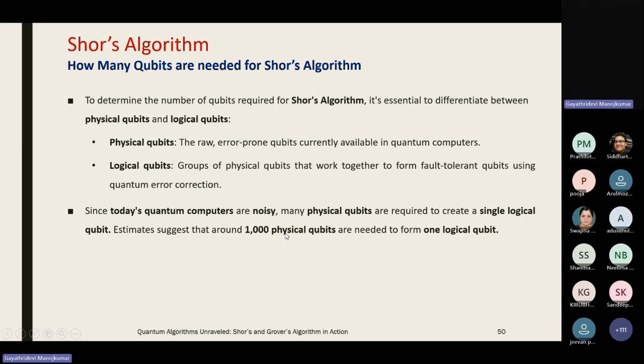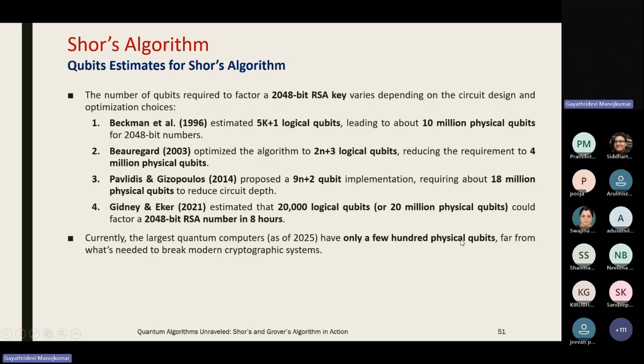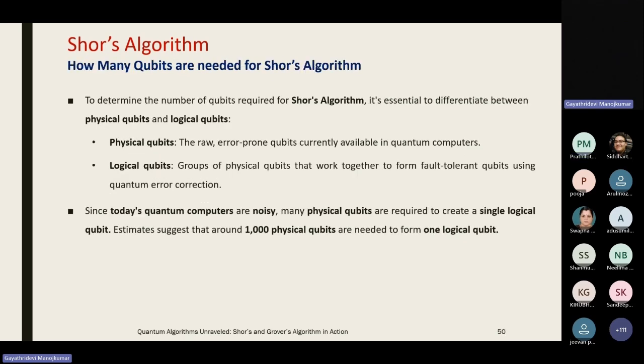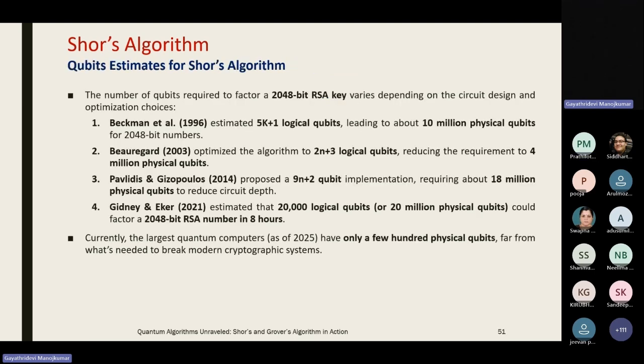For example, it needs 1,000 physical qubits to build one logical qubit. So in this case, I hope we need a few more years to build even a logical qubit.